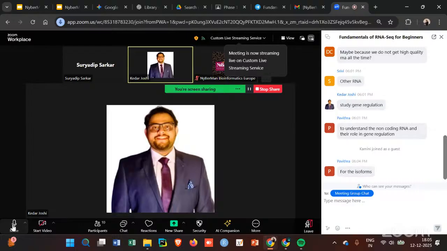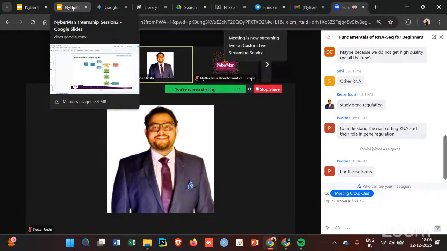Can you please explain the last part regarding the isoforms? Yeah, so the question was when would you want to perform long read sequencing and not short read sequencing for an RNA-seq experiment.